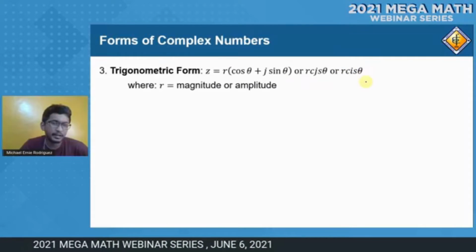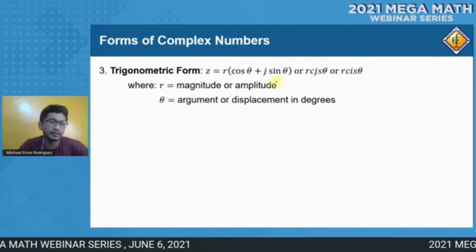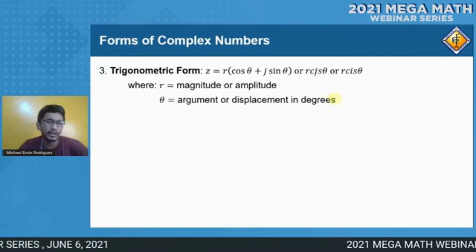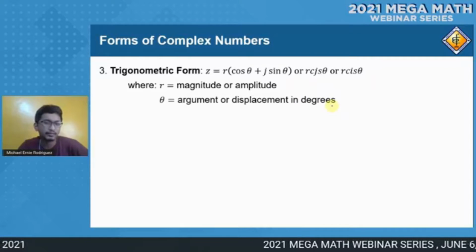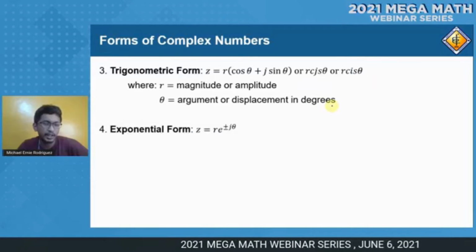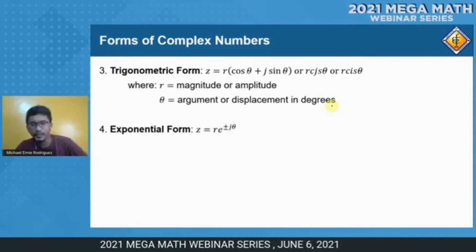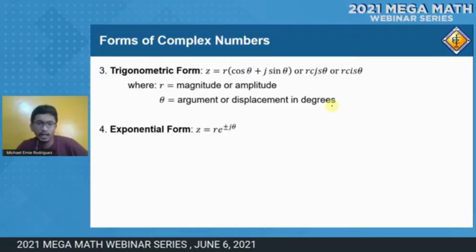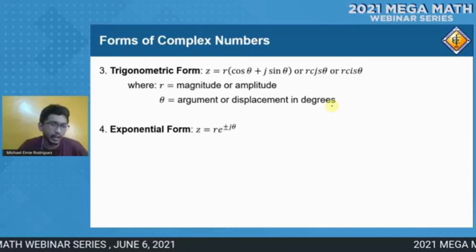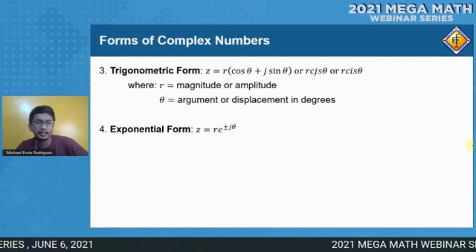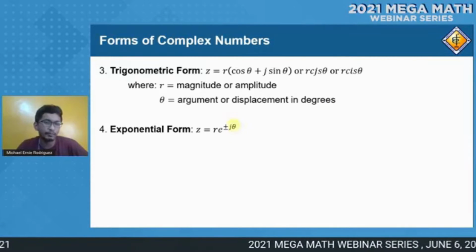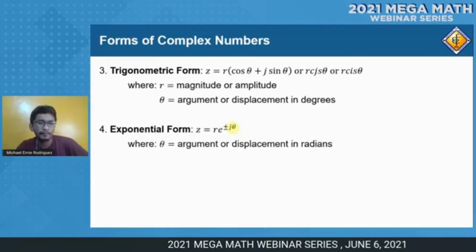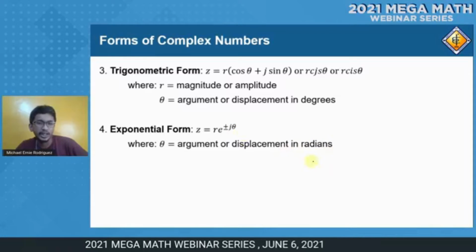And last, the same, we have r magnitude and theta is argument. And last form ng ating complex number is exponential form. So we have z is equal to re raised to plus or minus j theta. Take note, sa exponential form, yung theta natin dito is naka-radians.